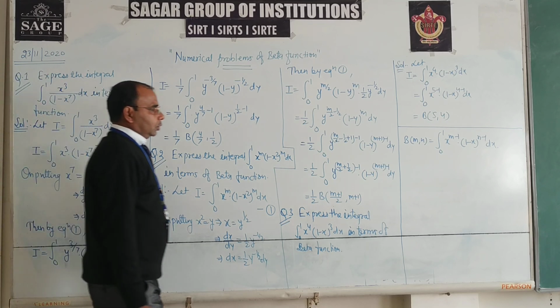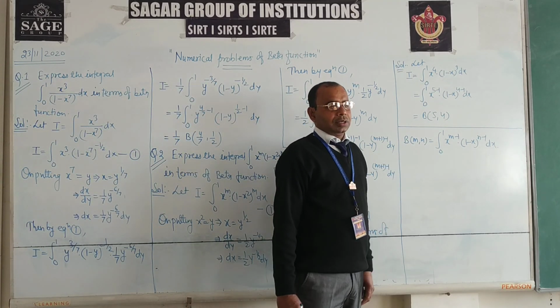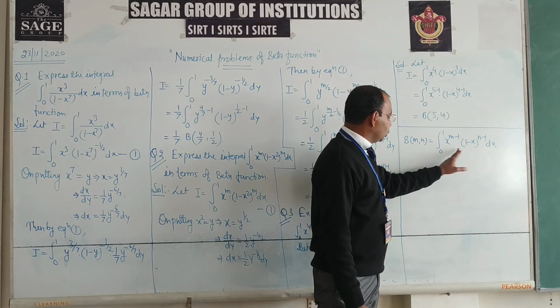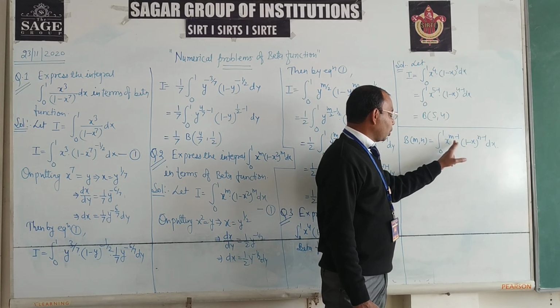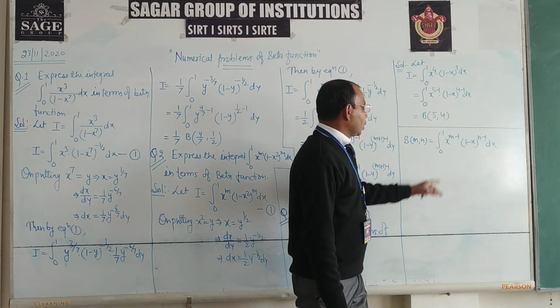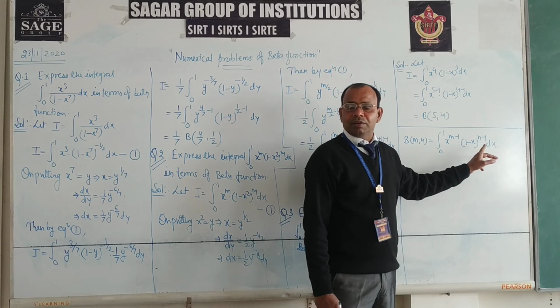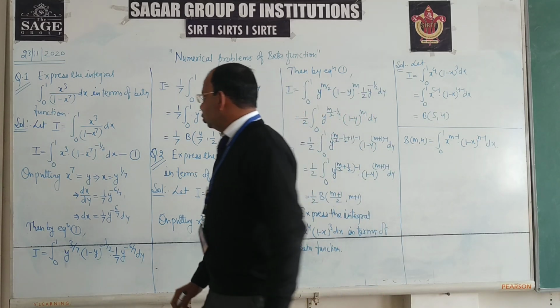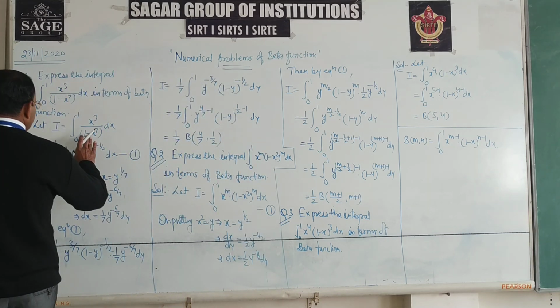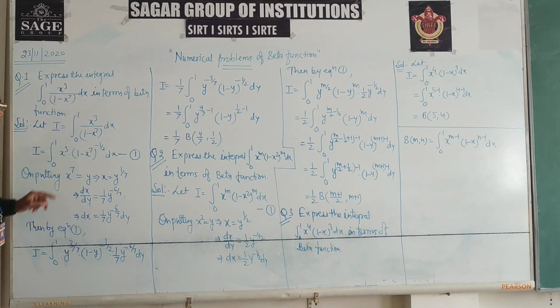But we know that the beta function is beta(m, n) equal to the integral from 0 to 1 of x to the power m minus 1 into 1 minus x to the power n minus 1 dx. Here all terms are in the numerator, not the denominator, so we transfer 1 minus x to the power 7 to the numerator: 1 minus x to the power 7, to the power minus 1 by 2, into dx.